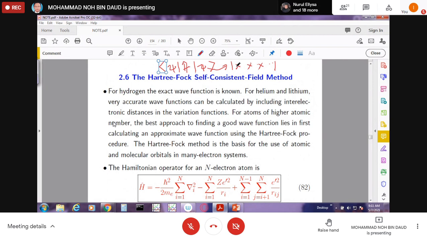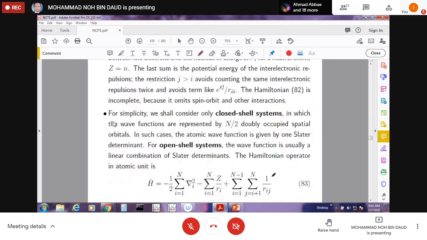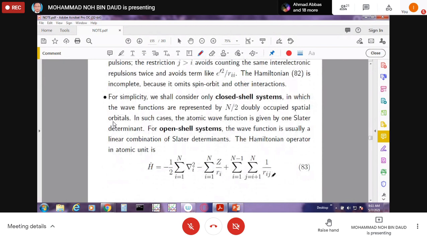When we have the Hamiltonian operator for many electron atoms, we have these interelectronic interaction terms. We can find the energy here. For simplicity, we consider a closed shell system, in which we have n half doubly occupied spatial orbitals.